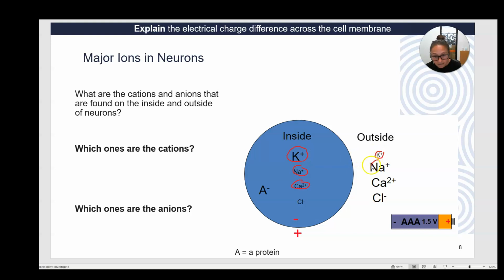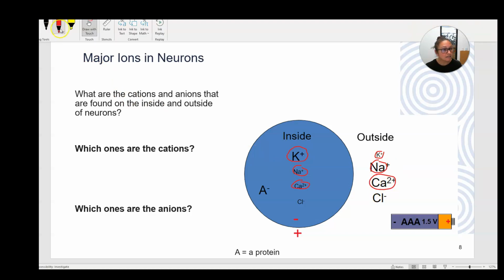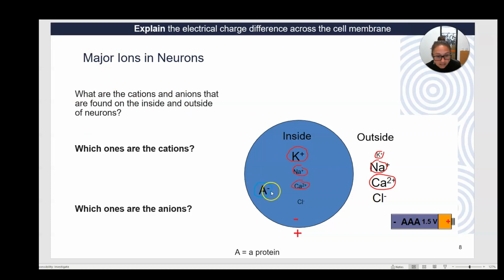There you go. Right. Now let's have a look at the negative ions inside our neuron. The negative ones are this one, and the negative ions outside of our neuron is this one.